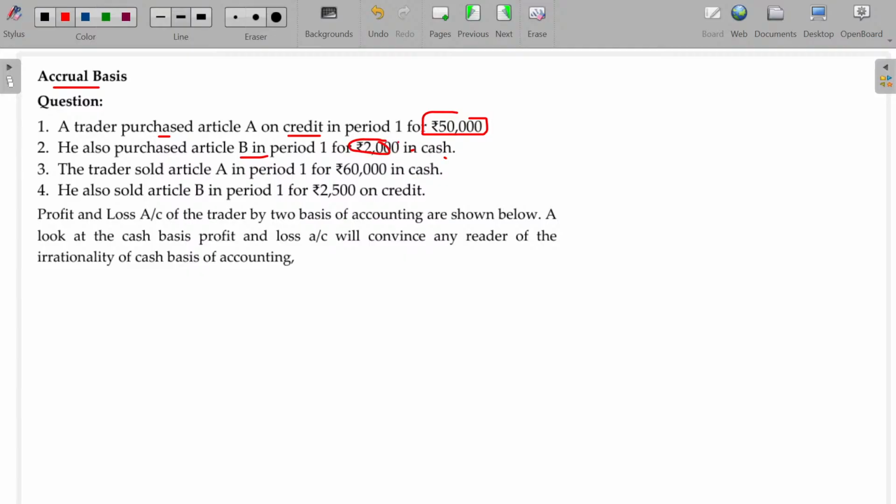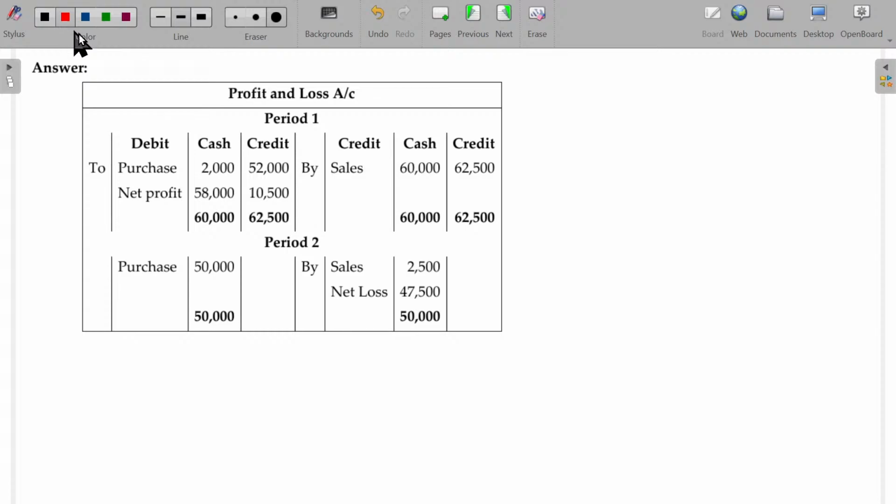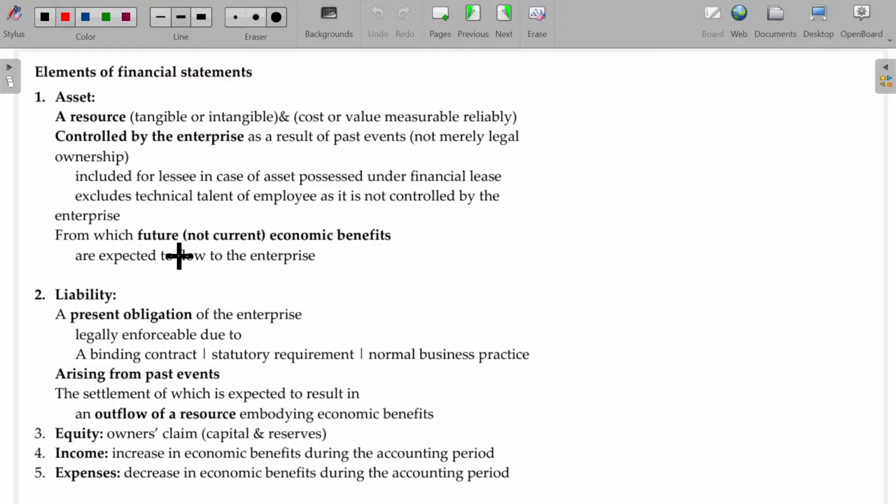In case of cash basis, you write only 2,000 rupees. In case of accrual, you have to write both values. So in cash basis, purchases are 2,000. In accrual basis, 52,000 rupees. What model will you follow? Only the credit model is followed. Accrual basis. That's all.